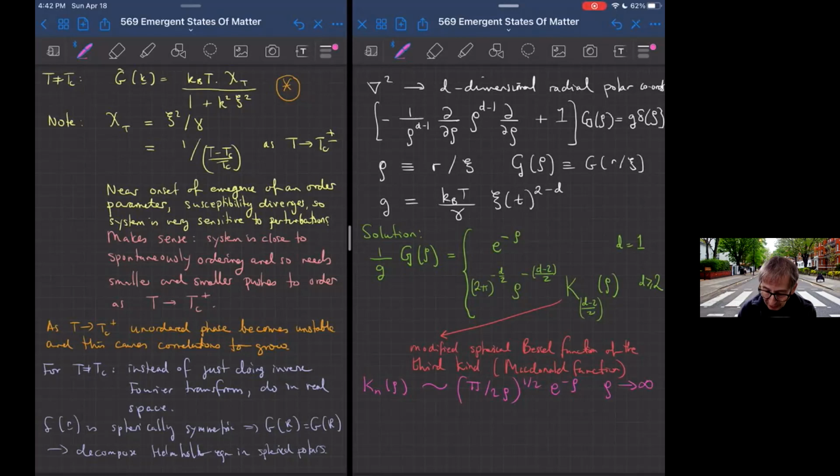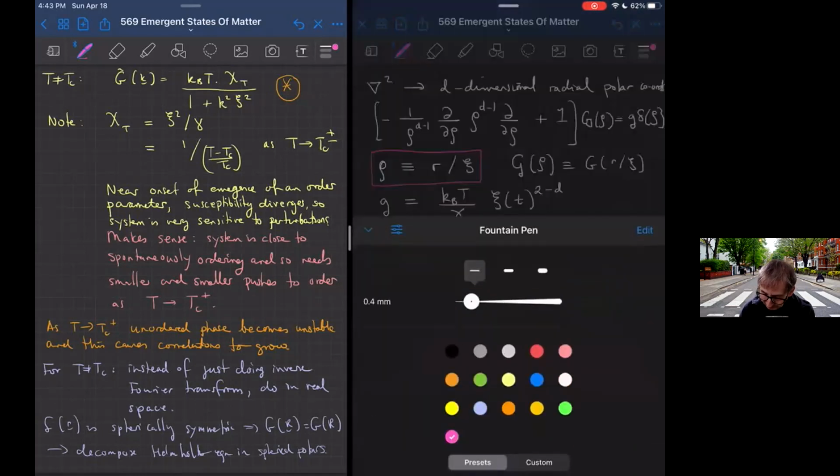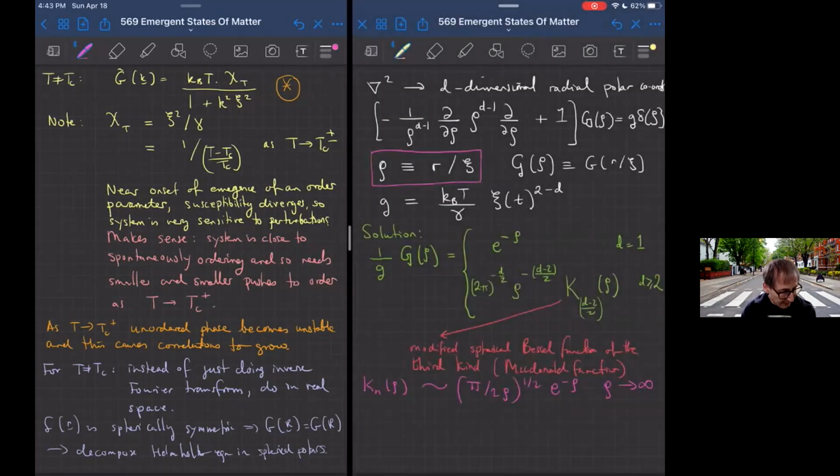Now the argument is this rho, and this rho is r over psi. And so what that means is that the correlation functions decay at long distances exponentially over the scale of the correlation length psi. So that's the first thing as rho goes to infinity. And then when n is equal to some arbitrary number and rho goes to 0, the behavior looks like this.